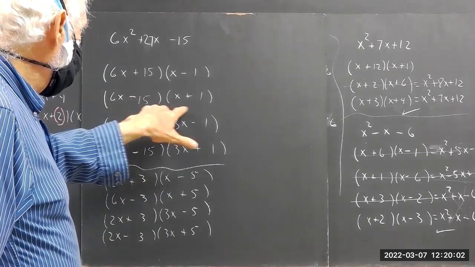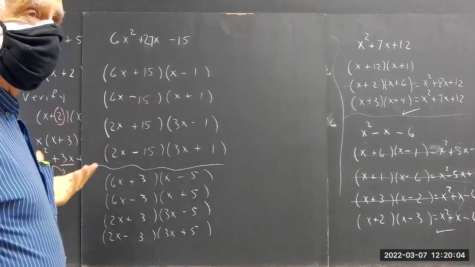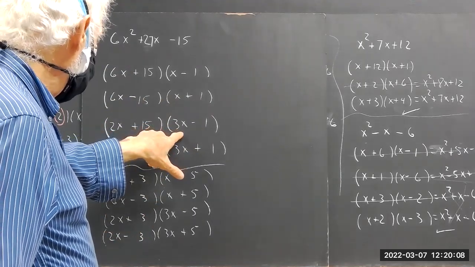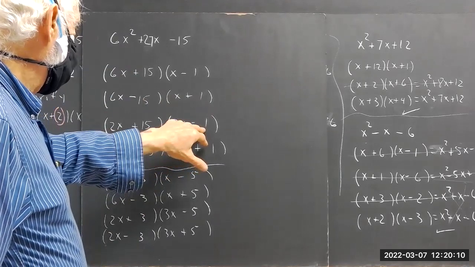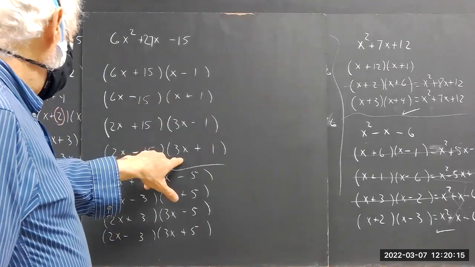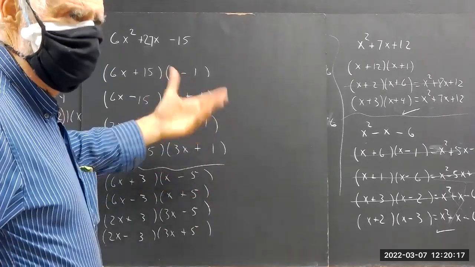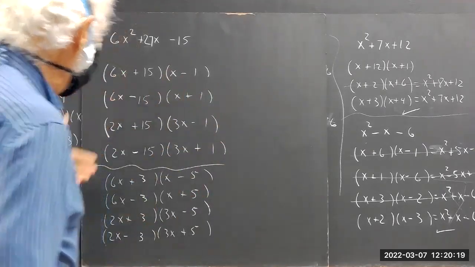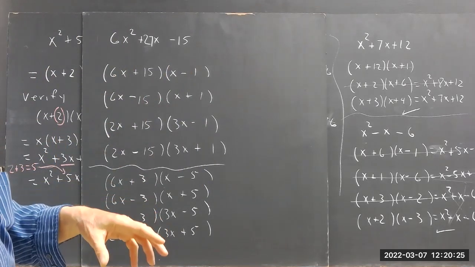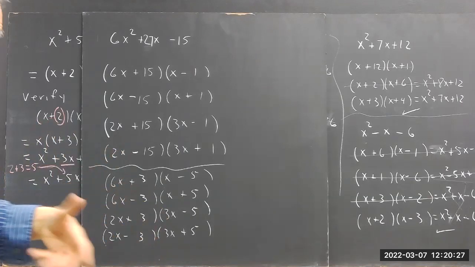Negative 15x and 6x is going to give me negative 9x. 15 times 3 is 45, but 2x times negative 1 is negative 2, that gives me 43. This gives me a negative 45 and a 40. If you do this on a few examples, you learn how to narrow things down and you learn what things might work, okay? And that's just a matter of how you look at it.